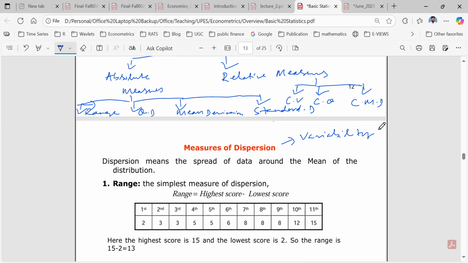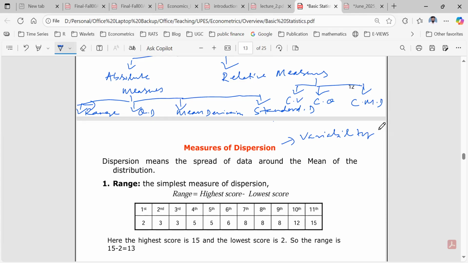In a scenario you might have two series of observations with the same mean, but the variability might be more or less in one series, so you can say that they are not the same series.